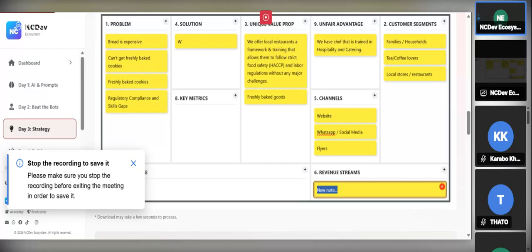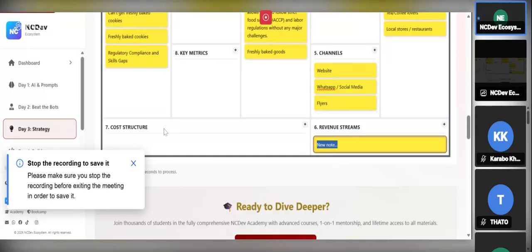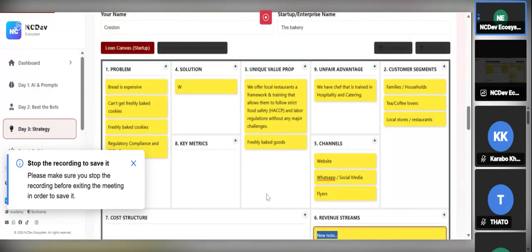So for now, I think we'll go for a break, and when we get back, we'll continue with finishing off the lean canvas model.